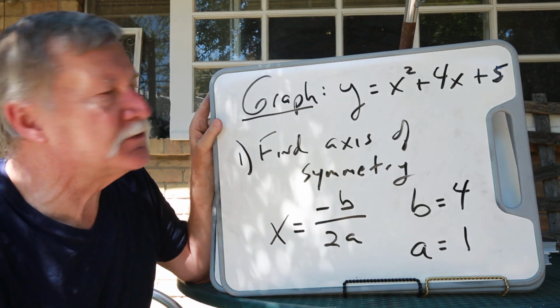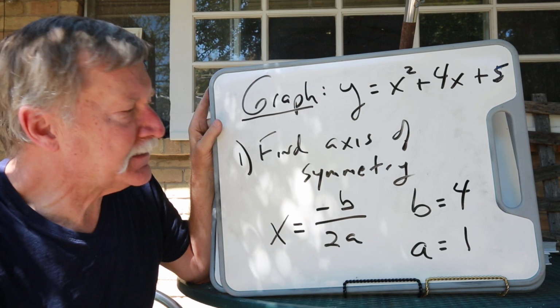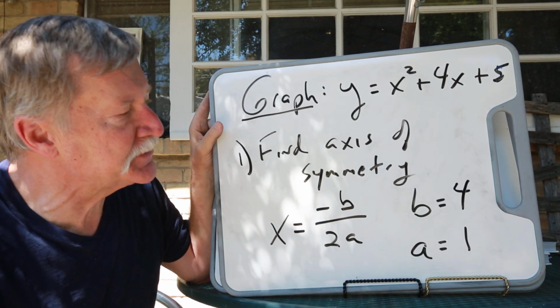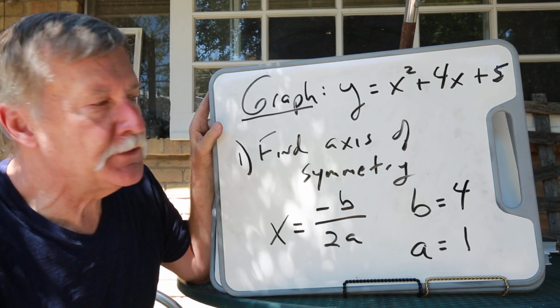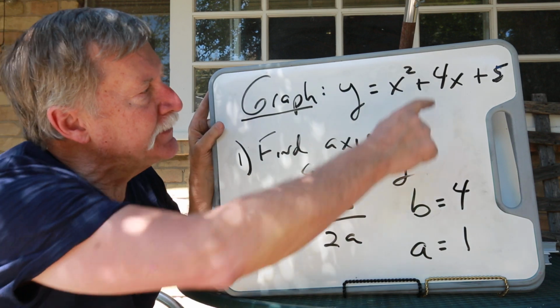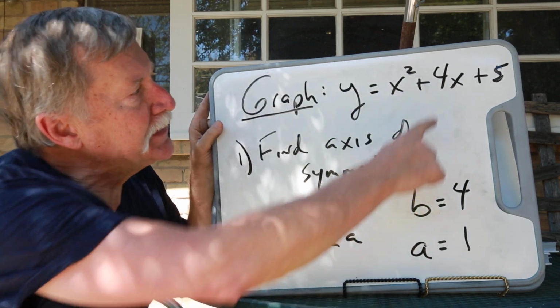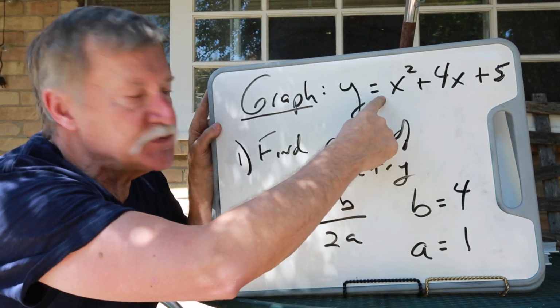And that goes back to our previous lesson where we take advantage of this formula: x, a vertical line, the axis of symmetry, is equal to the opposite of b over 2a. So we look at our given quadratic equation and see that b in this case is 4 and a in this case is 1.